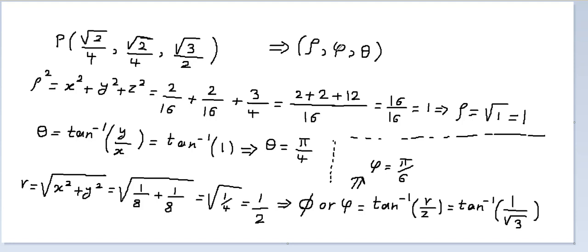Rho comes first, phi second, third theta. So this equals rho is 1, phi is pi over 6, and theta is pi over 4. So this is the spherical coordinate of this point.